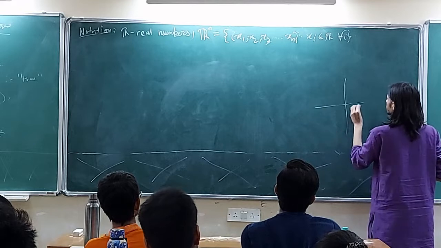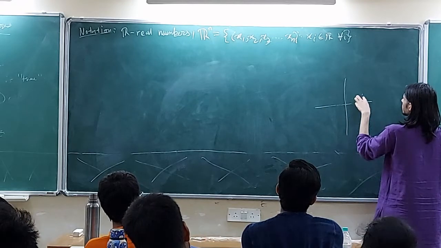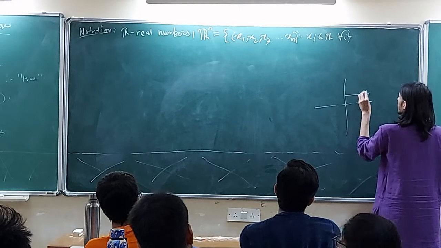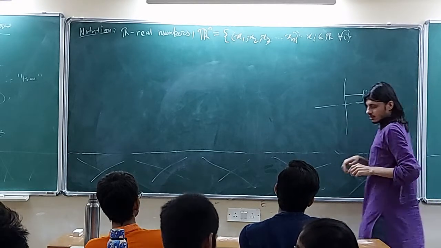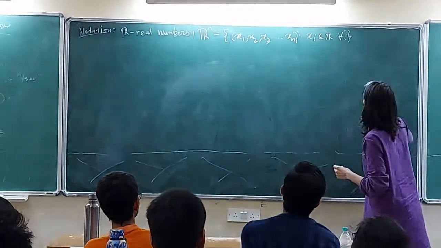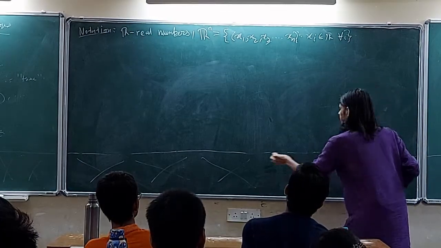Because if I think of a coordinate plane, every point here can be written as an x coordinate, say 2, and a y coordinate, say 3. So that's the way to think of Rn. High dimensional space, in some sense, is how you should think of Rn.